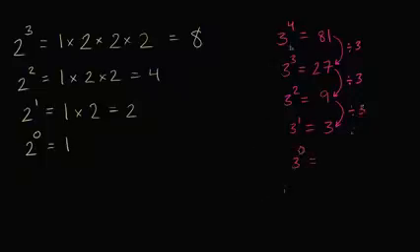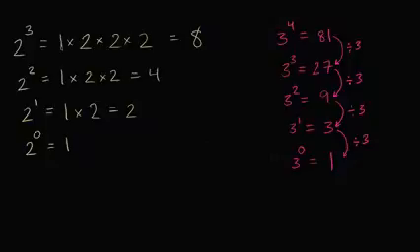Well, the pattern is every time we decrease our exponent by 1, we divide by the base. And so we should divide by 3 again, would be the logic if we follow that pattern. And so 3 divided by 3 would get us 1 again. So I know it might seem a little bit counterintuitive that something to the 0th power is going to be equal to 1. But this is how the mathematics community has defined it because it actually makes a lot of sense.